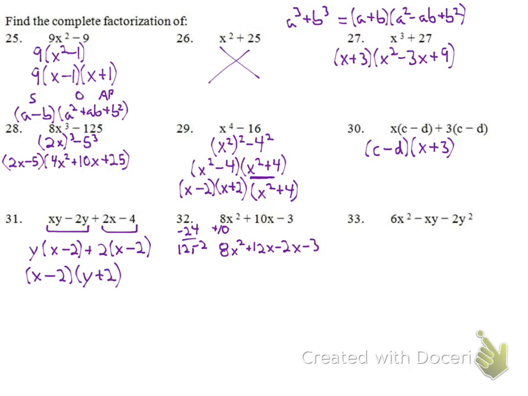I'm going to factor out a 4x from my first two terms. Leaves me with 2x plus 3. I'm going to factor out a negative 1. Leaves me with a 2x plus 3. They both have 2x plus 3 in common. I take that out from both, and I'm left with 4x minus 1.